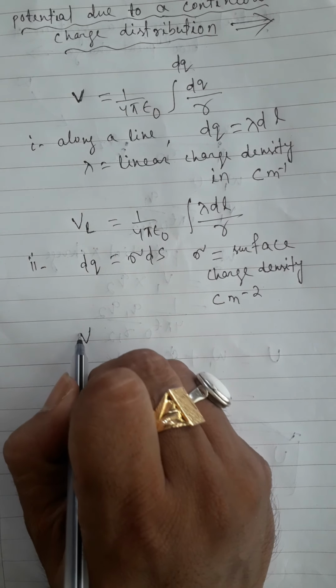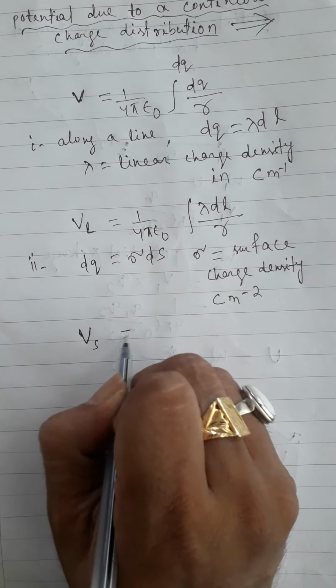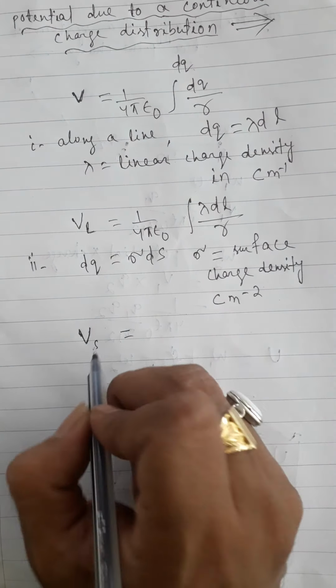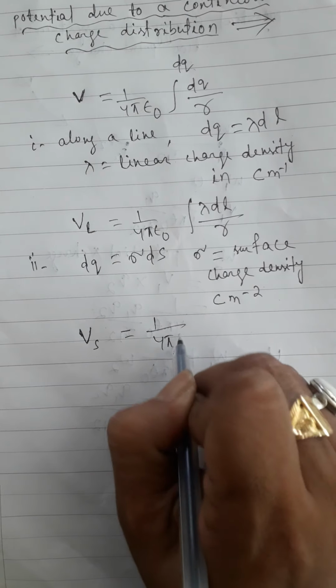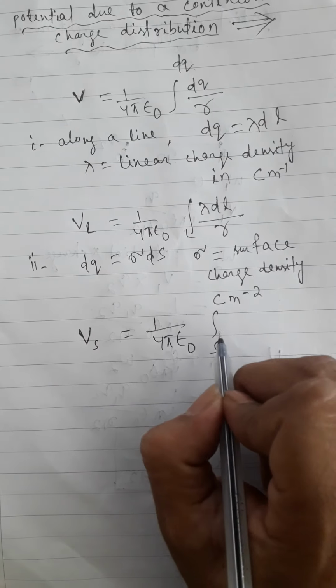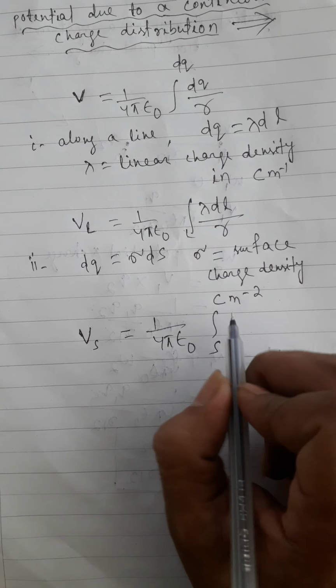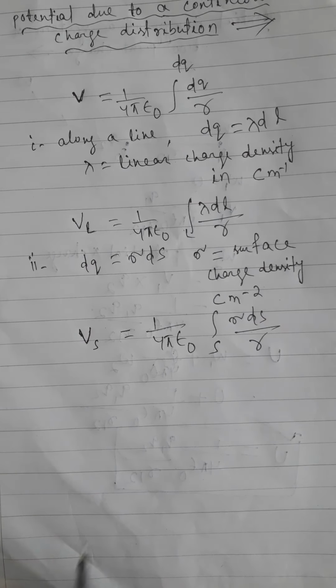So the electric potential due to this surface charge over the area S is equal to 1 by 4 pi epsilon r, integral from 0 to S of sigma ds divided by r.